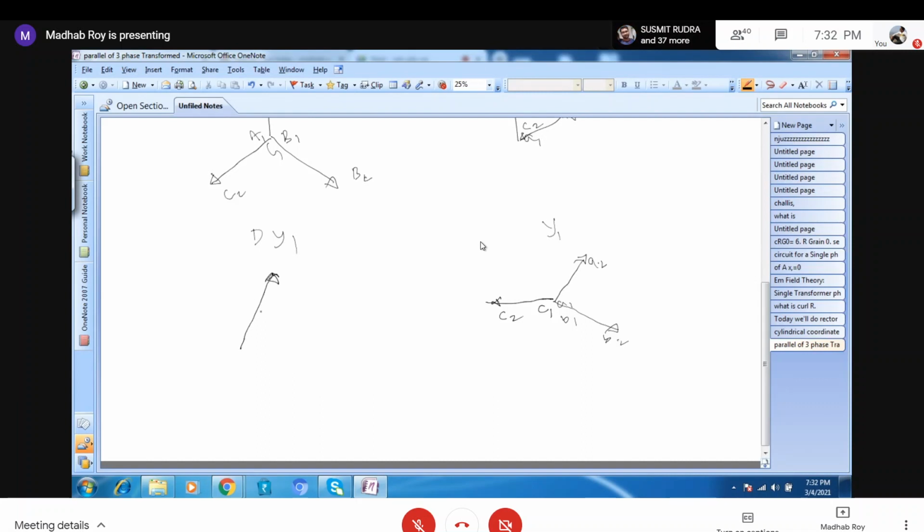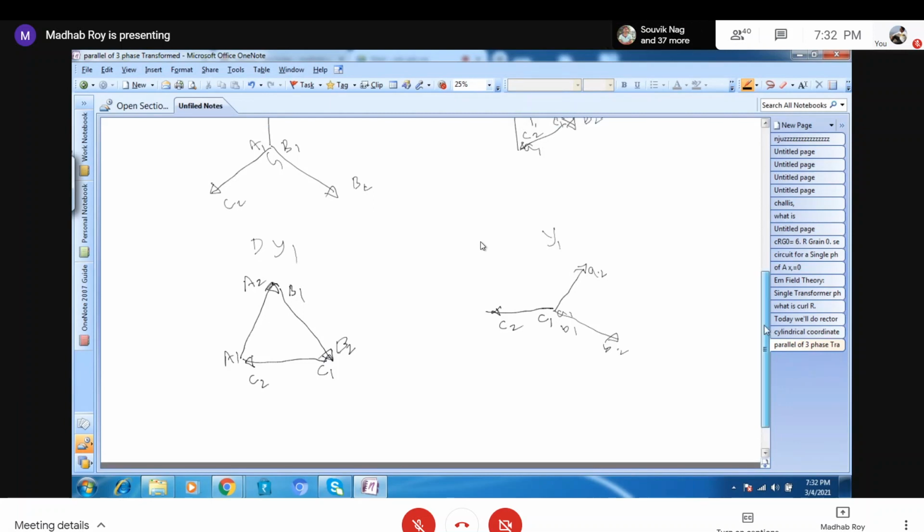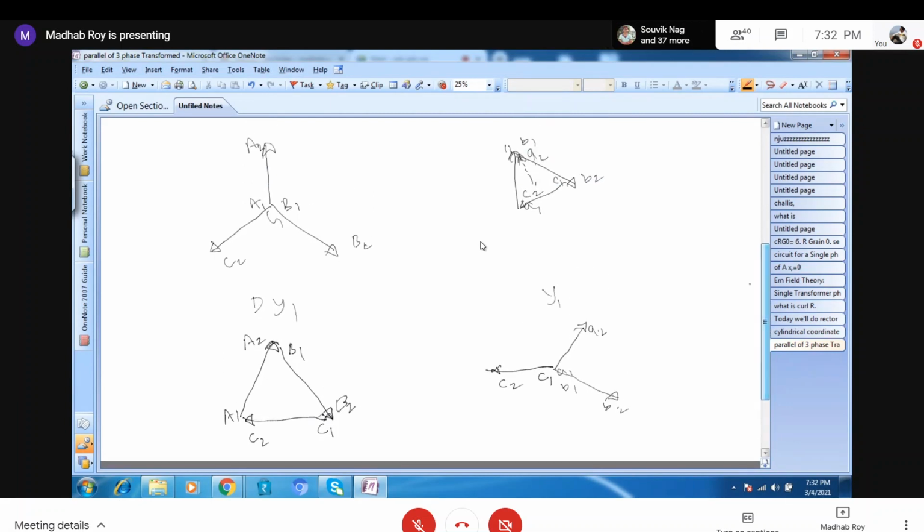This will be A1 and A2, then C2 C1, and then B1 B2. So these are the two transformers. If we do the parallel of these two transformers, what will be the problem?